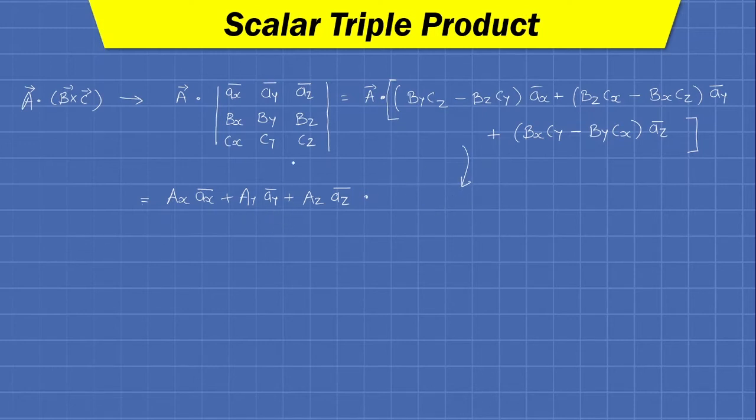Now we know that only ax bar dot ax bar will be 1, while ax bar dot ay bar and ax bar dot az bar will be 0, so we need not calculate the multiplication of these two terms with the ax bar term.